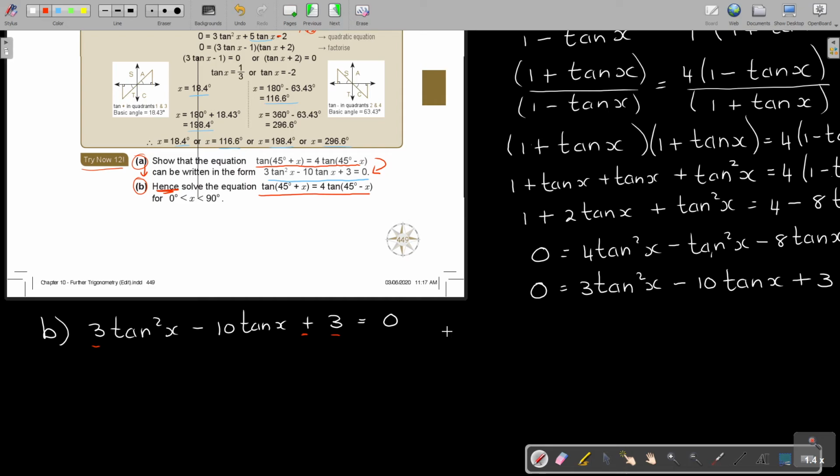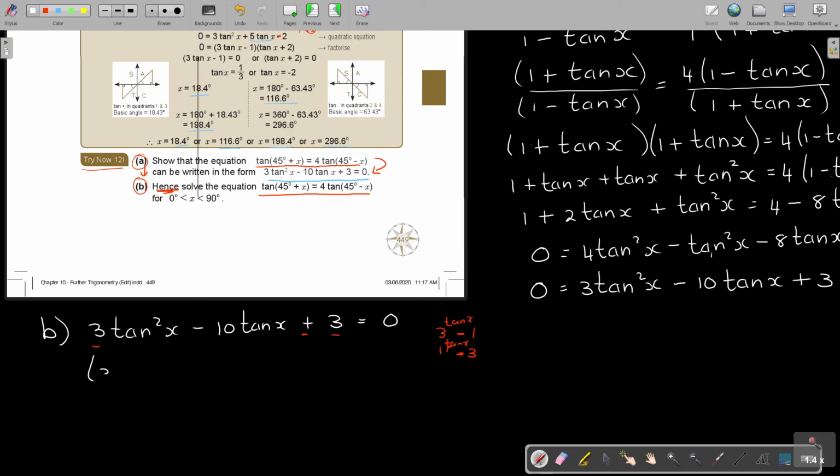So let's just see. If I make it 3 and 1 and 1 and 3, because that's 9 plus 1, because it's group A, and that's 10. Okay, don't forget, the signs are the same, and the signs take the middle sign. And what is the middle sign? Negative, negative. And then don't forget, it's going to be tan x, tan x. You don't have to work with that case anymore. You are now good.